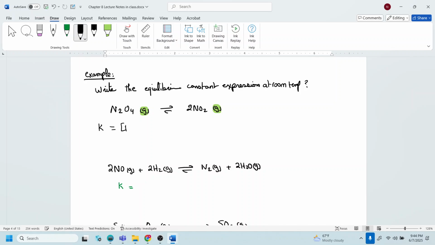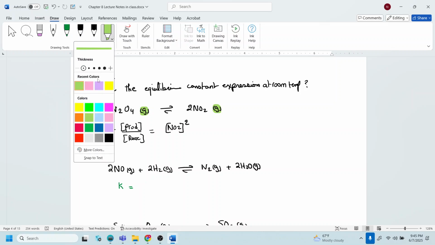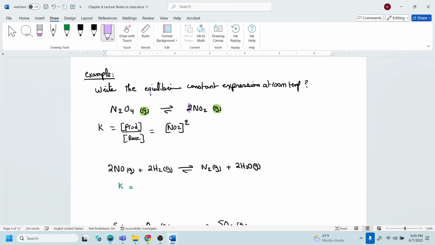It's the concentration of the products divided by the concentration of the reactants. Okay, so the product is the NO2. This is the concentration of NO2, and its coefficient is squared because there are 2 moles of NO2 there. And that is divided by the concentration of the N2O4.